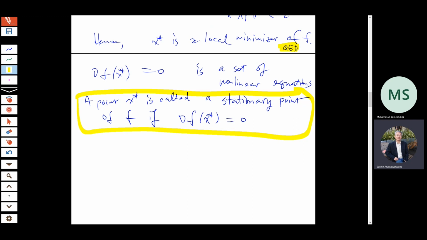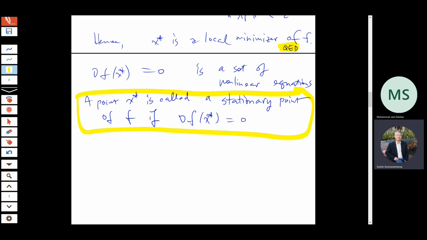In a numerical approach, we use an iterative method to compute a stationary point, plus something which ensures that the function f is reduced in every iteration to increase the chance that the algorithm will converge to a local minimizer.